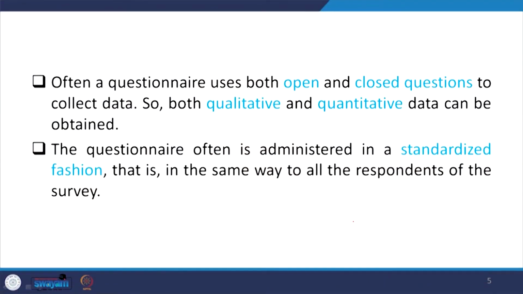Often a questionnaire uses both open and closed-ended questions, and accordingly we define those as open-ended questionnaires and closed-ended questionnaires in order to collect the data. So, both qualitative and quantitative data can be collected through these two broad types of questionnaires.